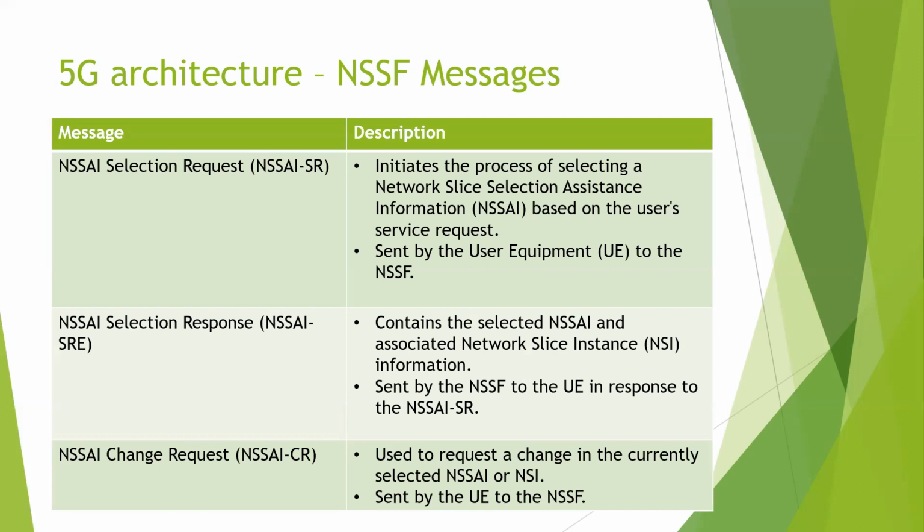So just like before, we go to the messages. One message could be the NSSAI selection request, which initiates the process of selecting a network slice. It contains the user's service request information and is sent by the UE to the NSSF.